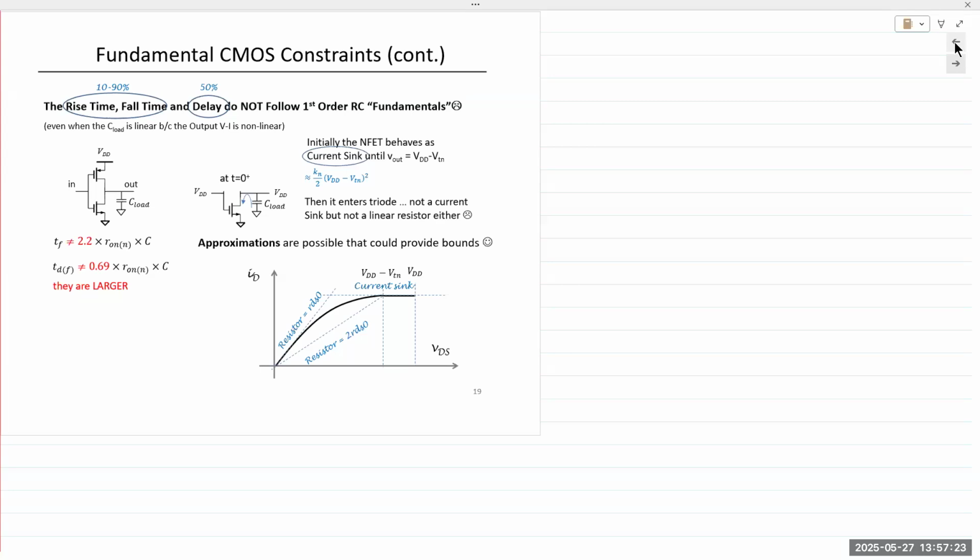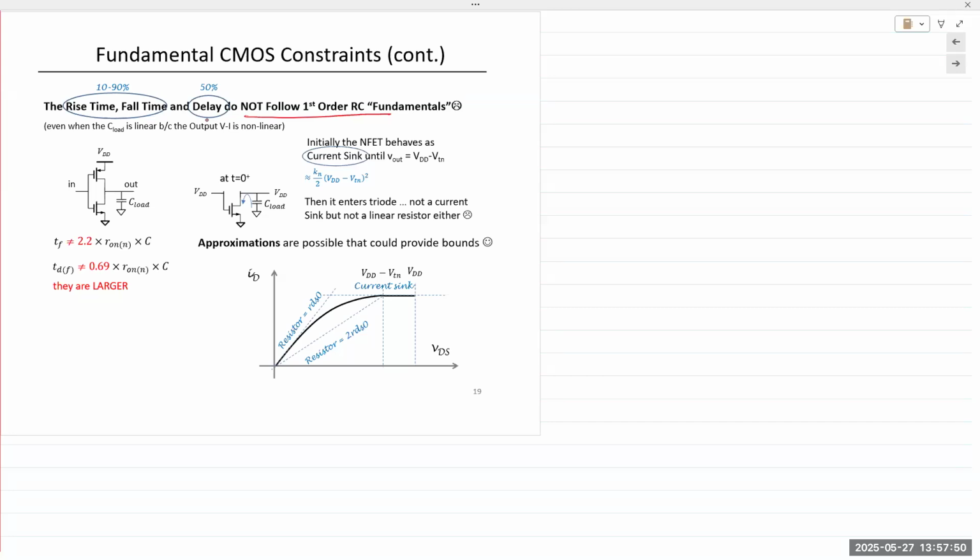With charges and discharges, it should follow the circuit analysis that we studied in a first order circuit. One energy storage device, first order circuit, right? But at this small level, these do not follow the first order RC transient analysis. Okay, it is a little bit more nuanced and involved.